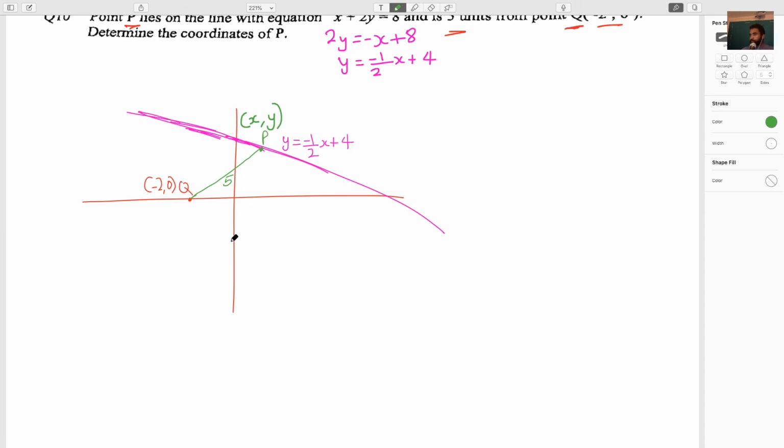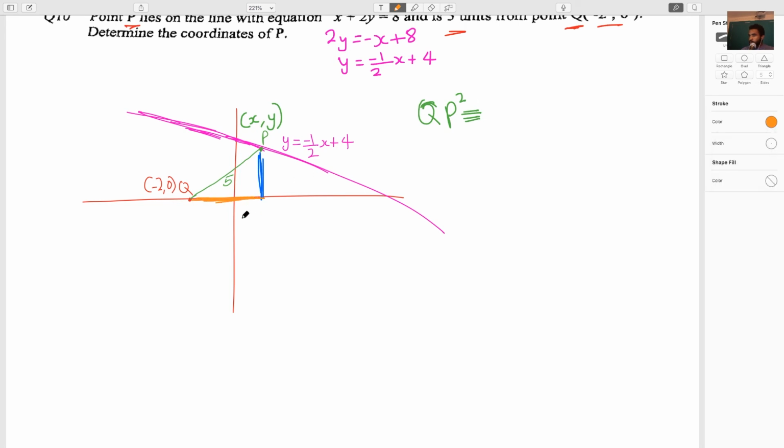So here's the idea. We know the formula for this distance here, QP. You can say QP squared is equal to, let me draw a line. Let's use blue. We have this here, and we're going to have that one there. Let's use orange.